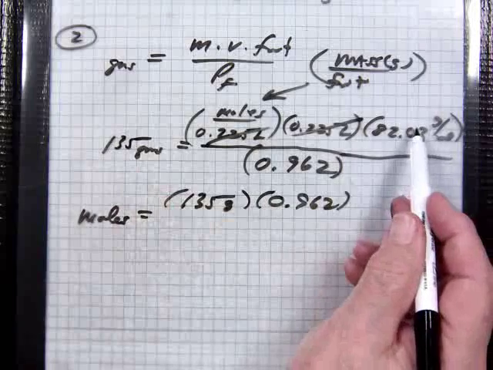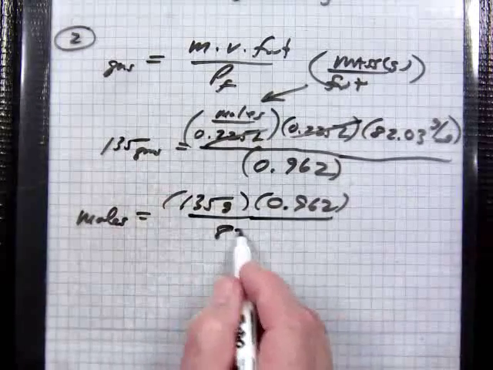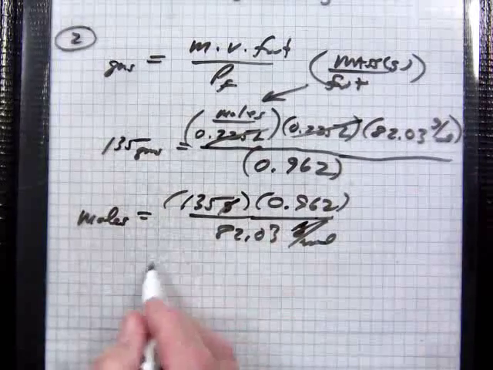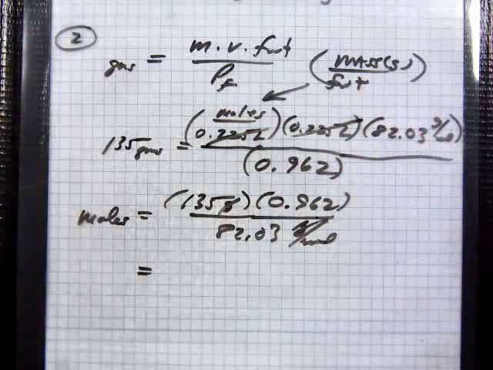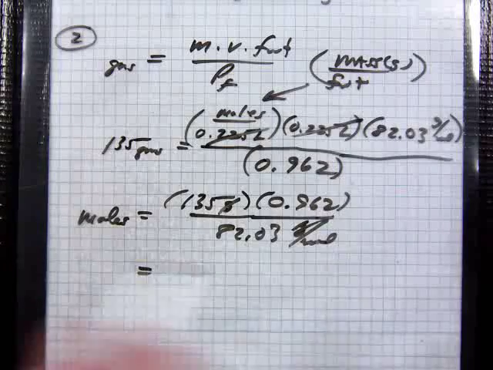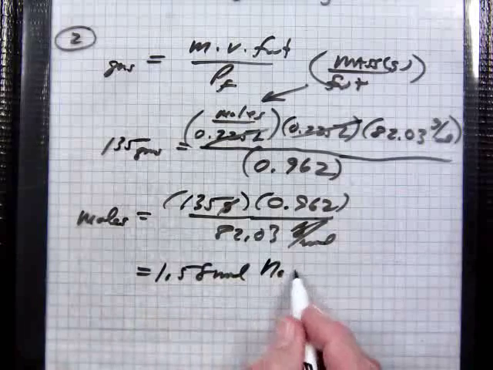And then I can divide this out by 82.03 grams per mole. Grams will drop out. And so the moles of solute out of this is 1.58 of the sodium acetate.